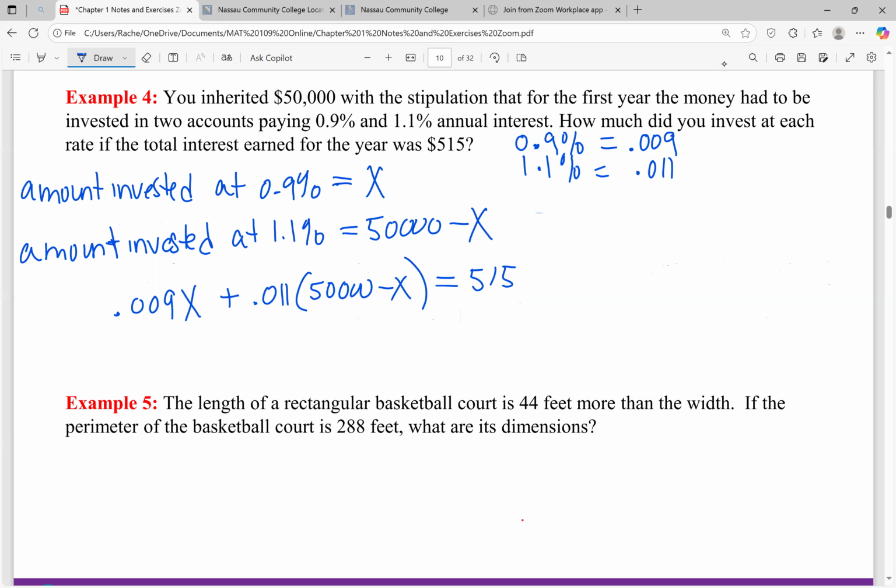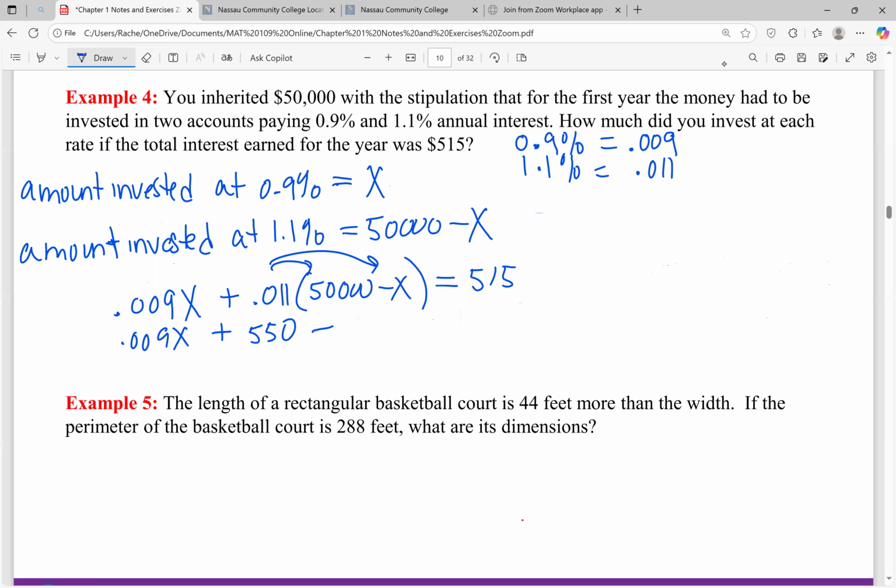Now I could solve this equation for x. So let's distribute. I'm going to have 0.009x plus, now let's do 0.011 times 50,000. So 0.011 times 50,000 is 550.